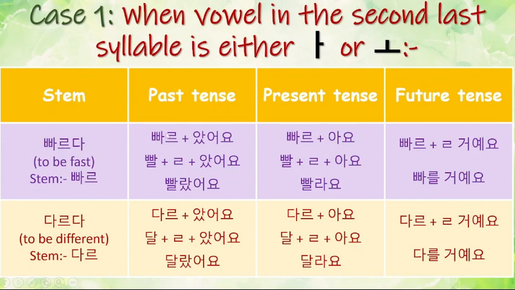Okay, so now in the past tense the ending will be asoyo and the stem is paru. So according to the rule, this will get eliminated and an additional leer is going to get attached to it. So it will be pal and this additional leer and asoyo, and it will get merged and it becomes palasoyo.